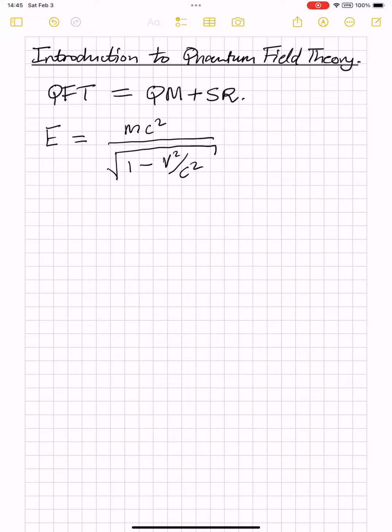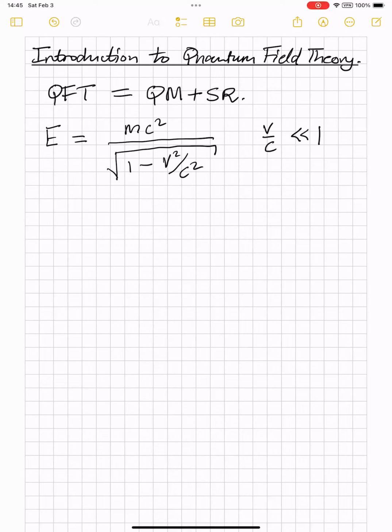Now, what we have in mind is a particle that's not moving so fast that relativity is very important, but the first corrections of relativity are present. So what we're going to do is take v over c, and assume that this is much less than 1.